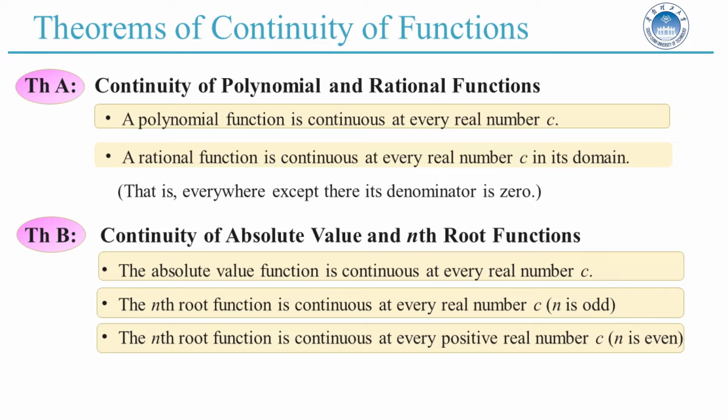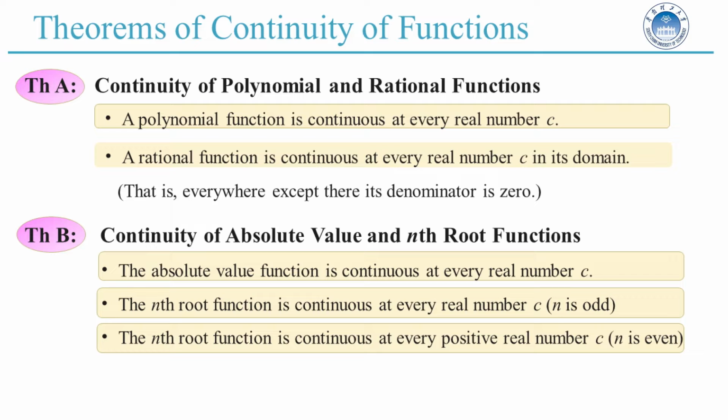Look at theorem B, continuity of absolute value and nth root functions. The absolute value function is continuous at every real number c. Similarly, the nth root function is continuous at every real number c if n is an odd number. If n is odd, we don't care whether the number is positive or negative.